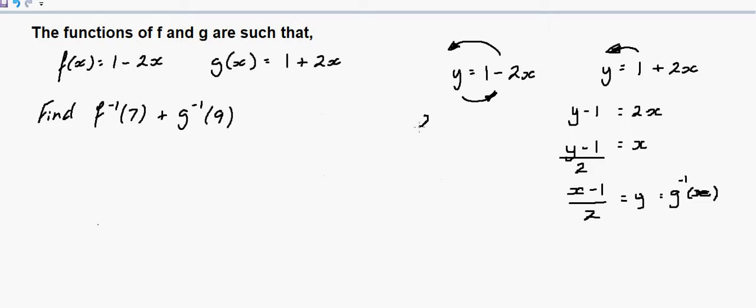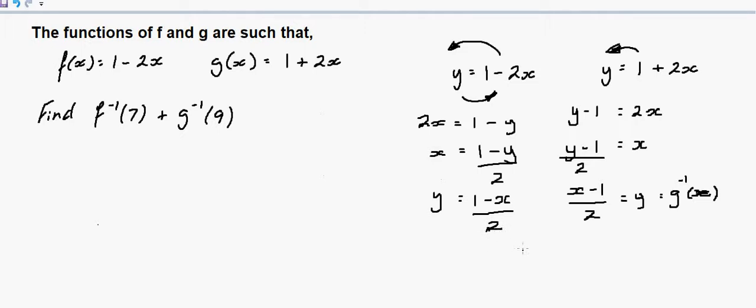So I'll have 2x equals 1 minus y, and again x will equal 1 minus y, all over 2. Then I just change the x's and the y's. So y equals 1 minus x over 2.